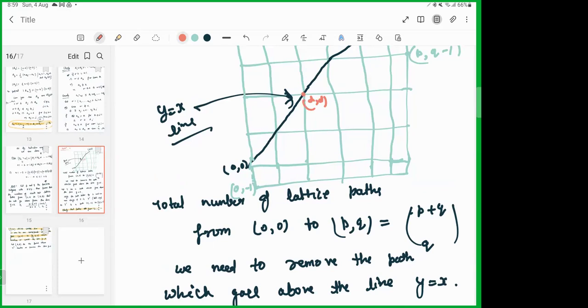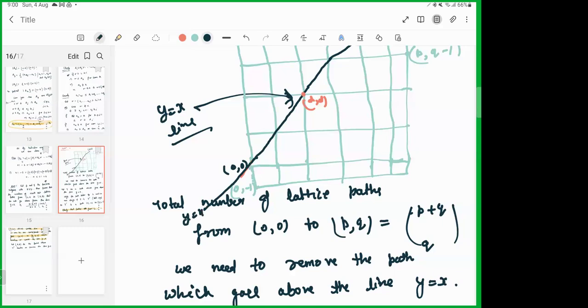Before this, all the path lies below the line y equals x, from 0, -1 to d, d. So what I can do is reflect the path around this line. This is my y equals x line, right?